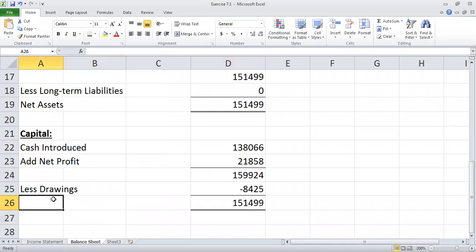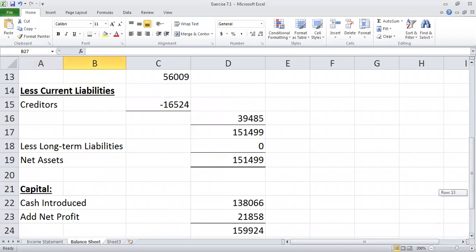This is now called your total capital. And that's that for that, gentlemen and folks.